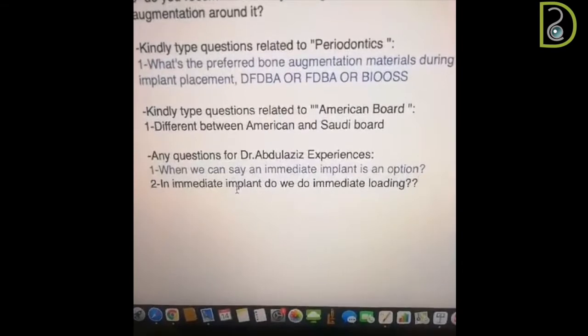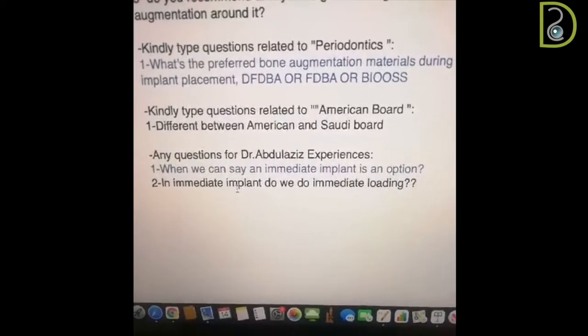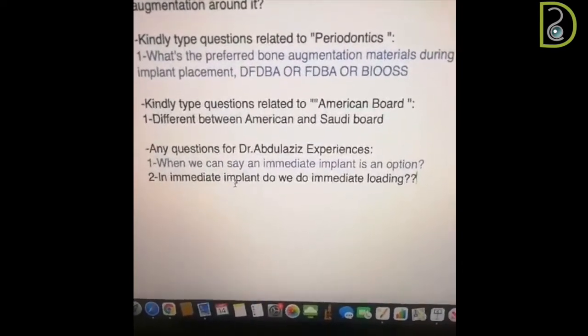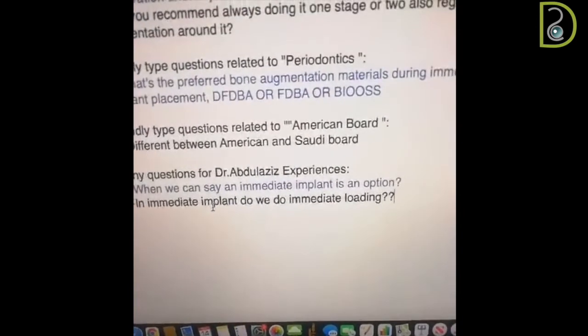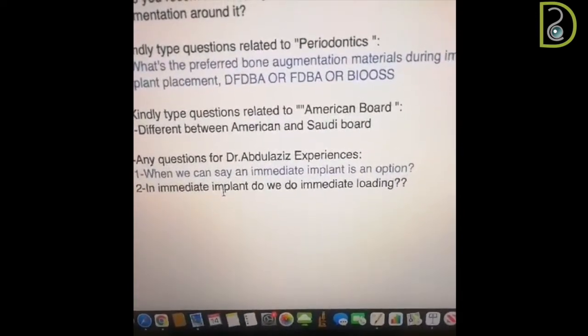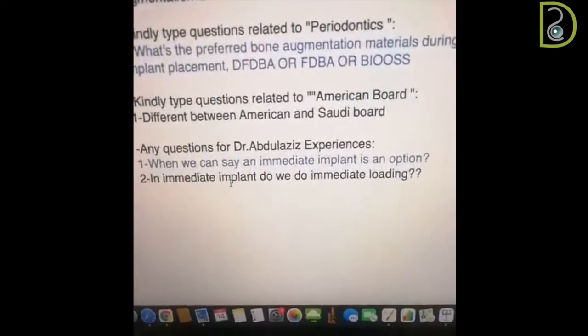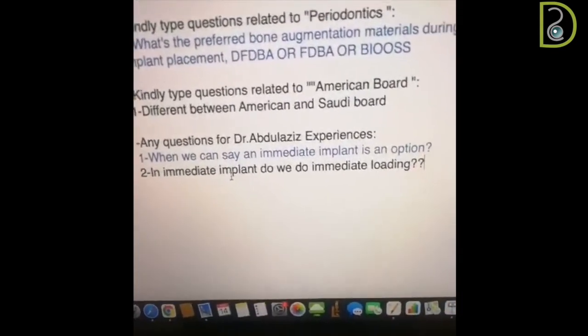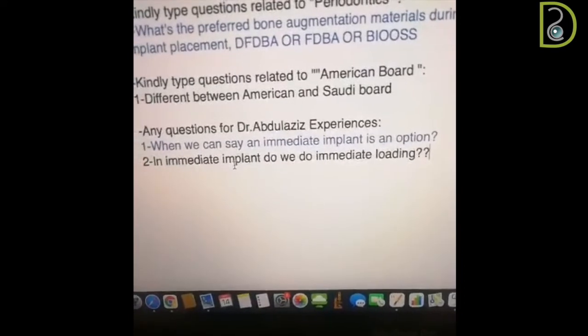Does the phenotype have an impact on how deep you submerge? Actually, Muhammad, I know maybe you're referring to the zero bone loss concept.